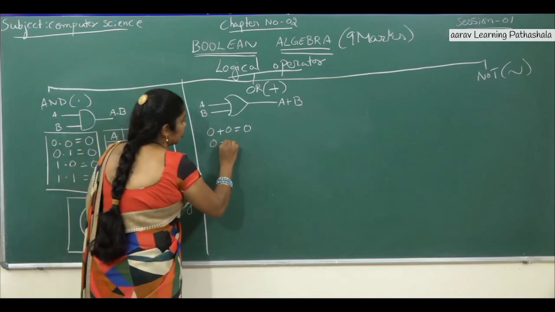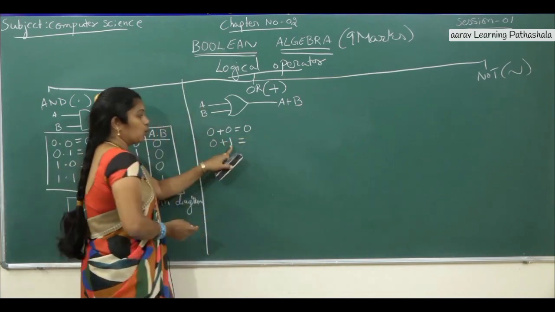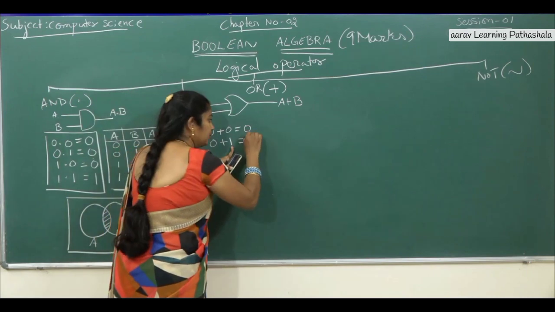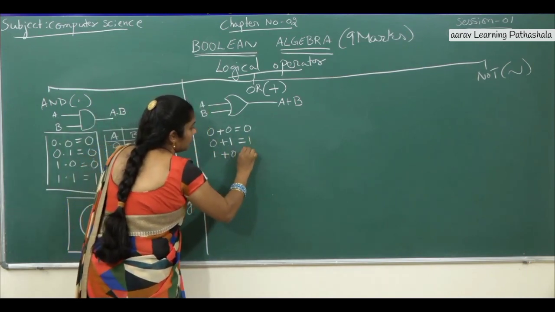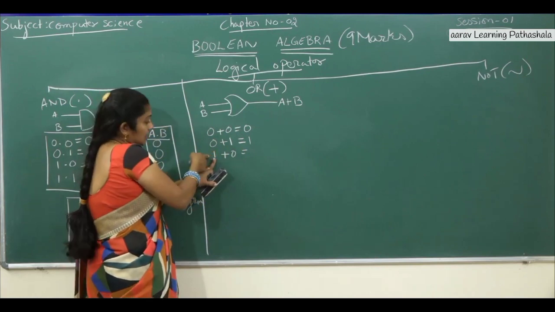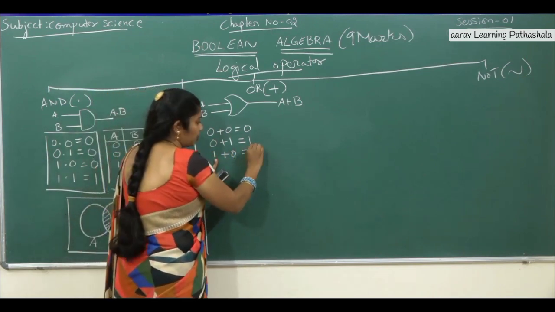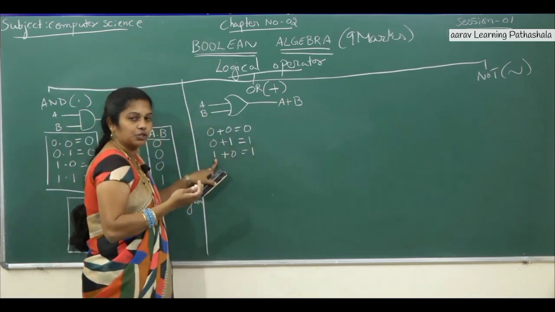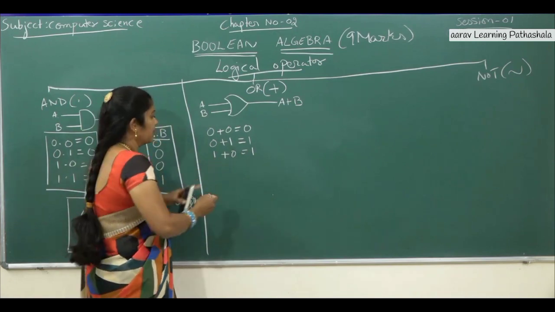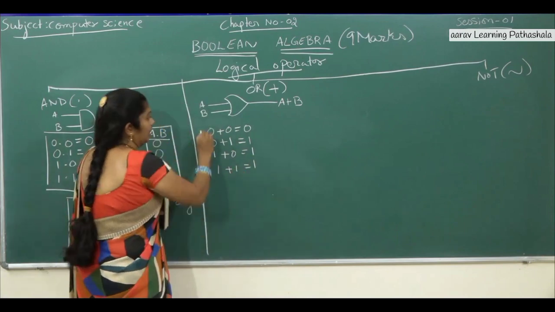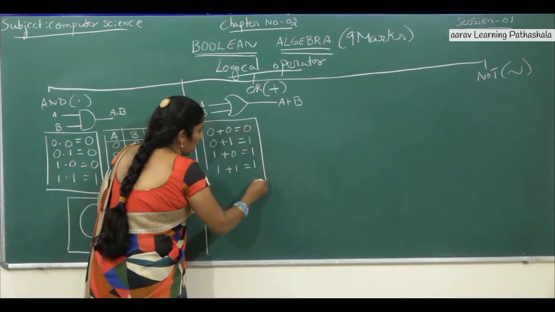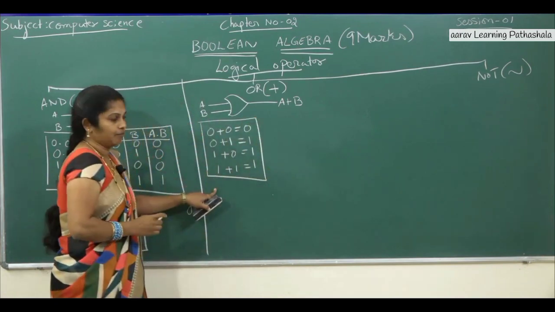For example, 0 plus 1: here one input is true, so the output becomes true. Then 1 plus 0: the first is 1 and the second is 0, so the output becomes 1, because if any one of the inputs is true, the output becomes true. Then 1 plus 1, the output becomes 1. These are the values we will get.